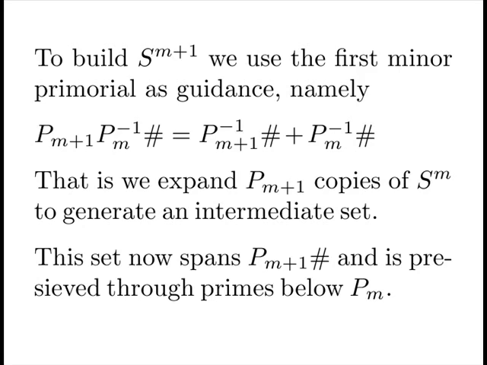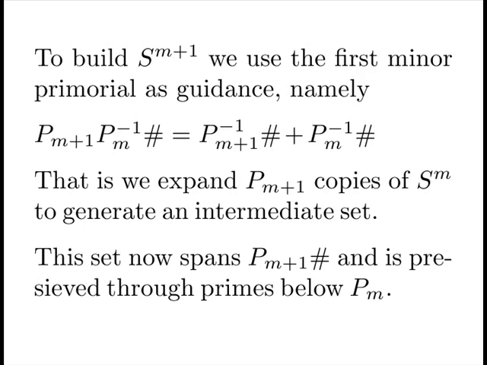We want to expand our current set to the next boundary, our next first minor primorial, plus our current minor primorial. Meaning, we have our current first minor primorial extra members, with a result from scaling by a new prime number.